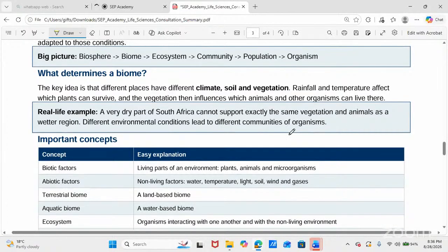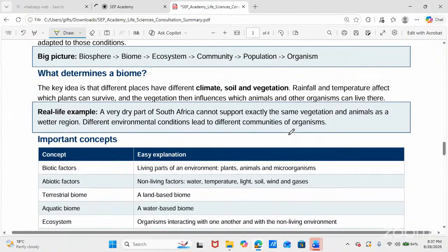We have fish in the sea and in the rivers, and they need water to survive, right?